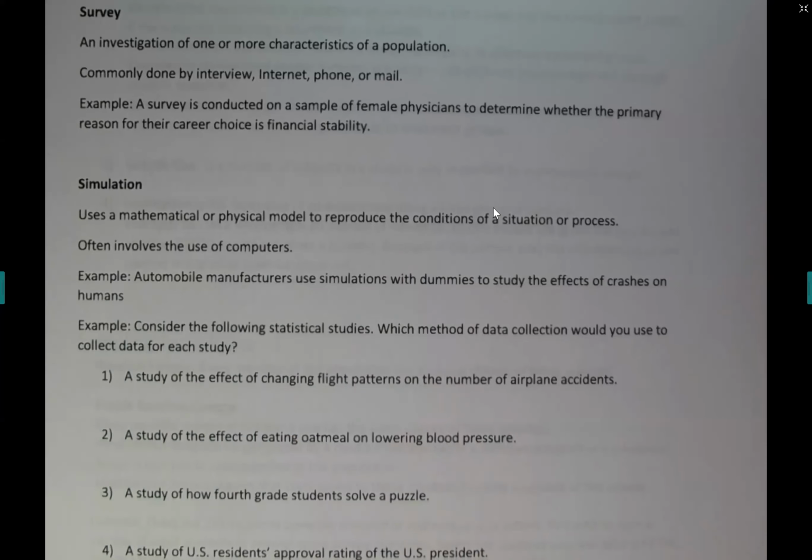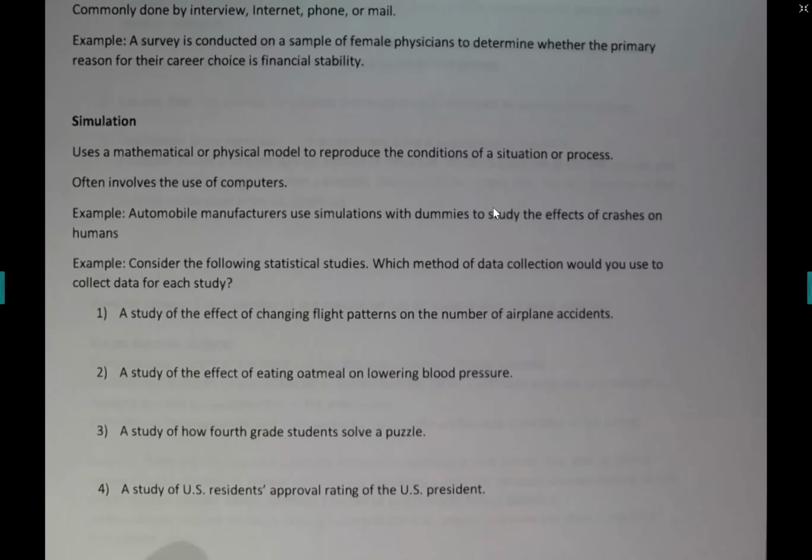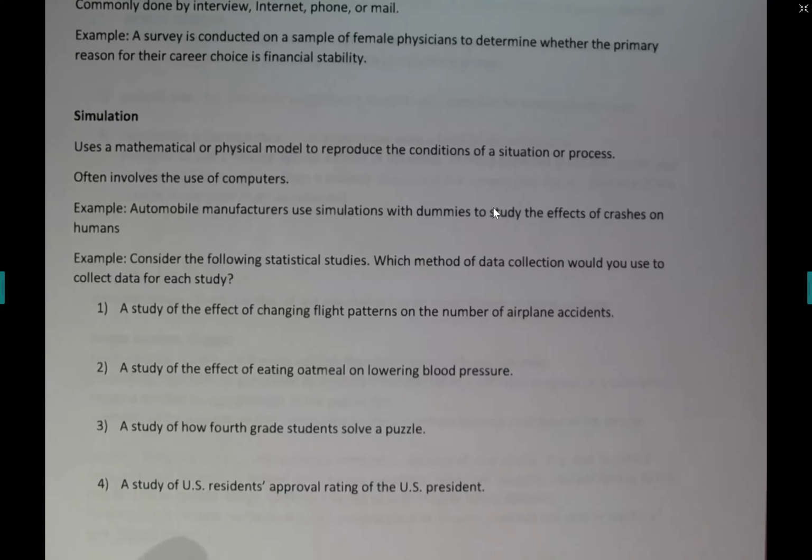Okay, now we're going to do 4 examples, and you're going to tell me which is which. So consider the following statistical study. Which method of data collection would you use to collect the data for each study? Remember, we have observational, we have experiment, we have survey, and we have simulation.